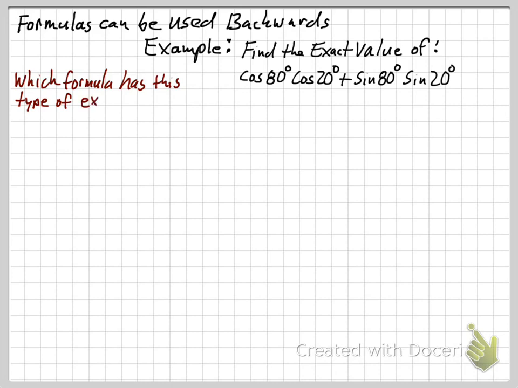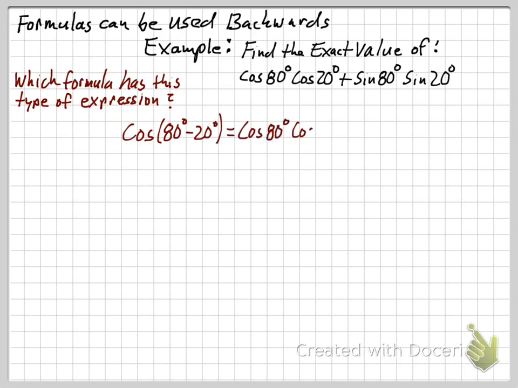And how do I know that? Well, there are 6 of them here, and I just have to match the format up. The more you use these expressions, the more you're going to recognize, hey, that's some sort of difference formula format.